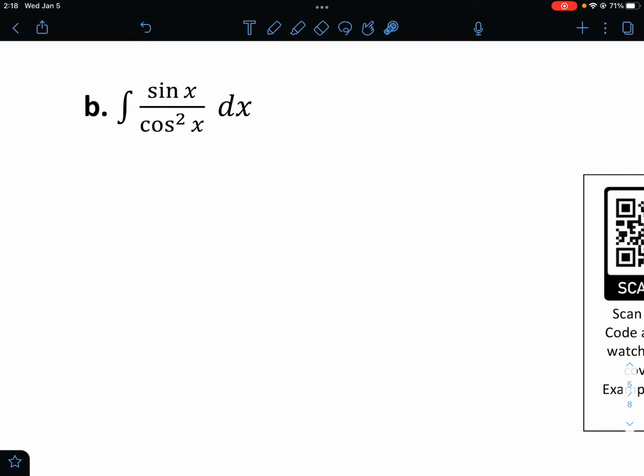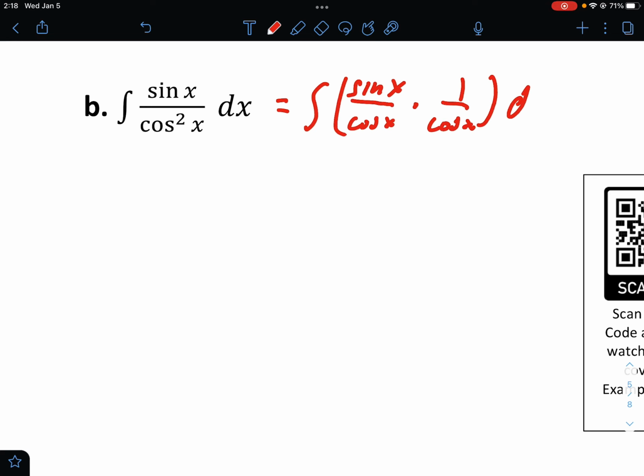Question B. All right, we know that there's no quotient rule for antiderivatives, so we can't take the antiderivative like this. Okay, it's just not possible. But, as always, we can rewrite this. We can think of this as sine over cosine times 1 over cosine. Well, how's that going to help? Well, sine over cosine is tangent, and 1 over cosine is secant.